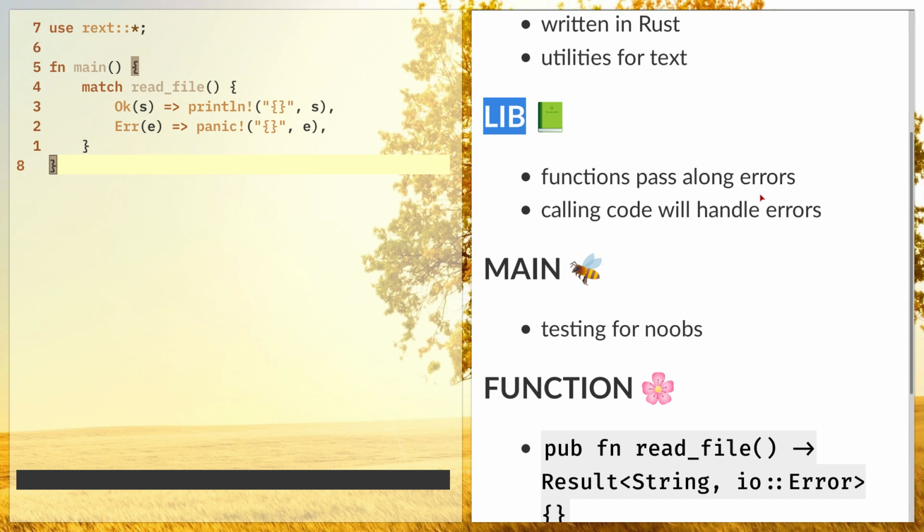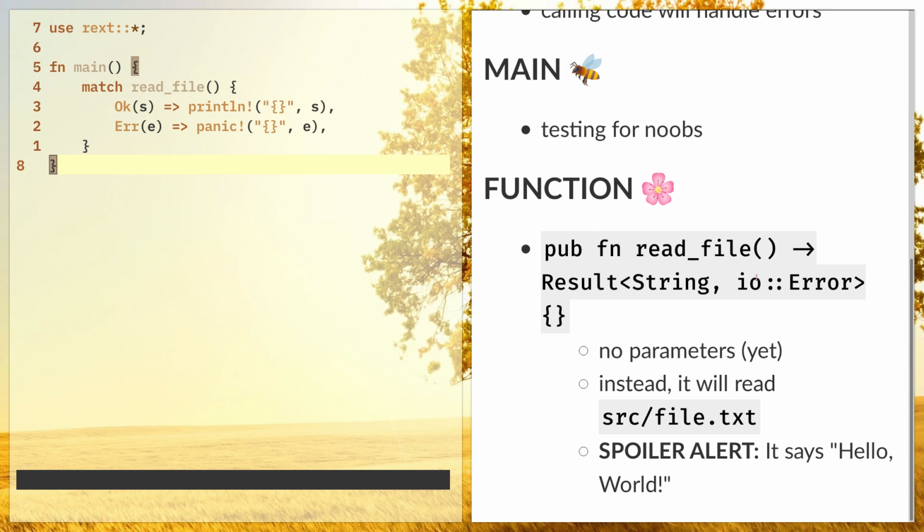So that means functions will pass along their errors, and then calling code will handle the errors. But I do also have a main file, because having a main file is like testing for noobs.